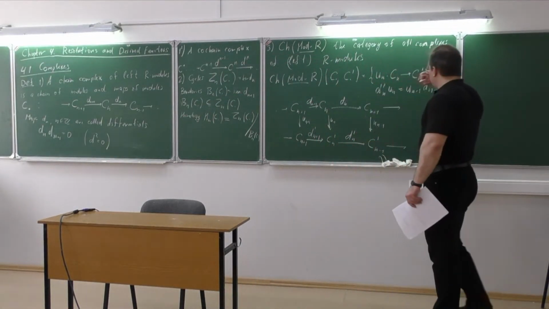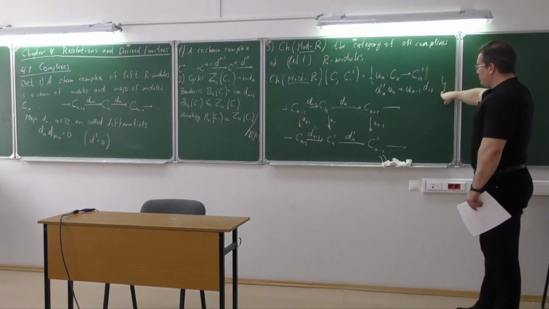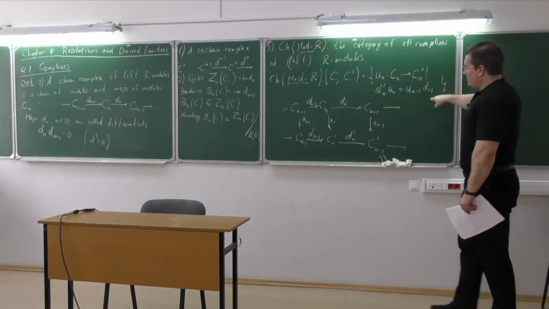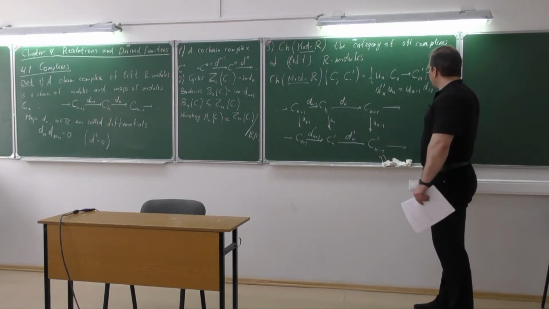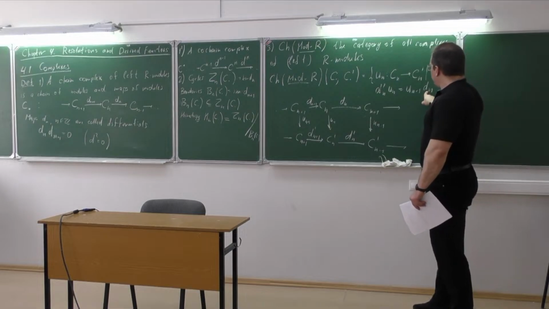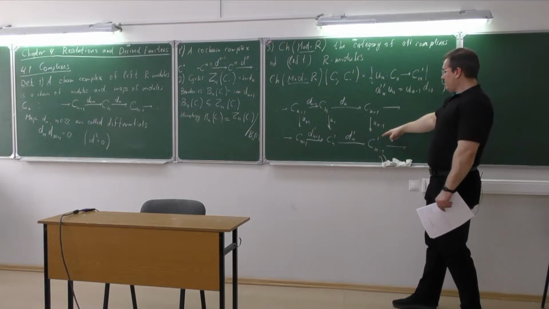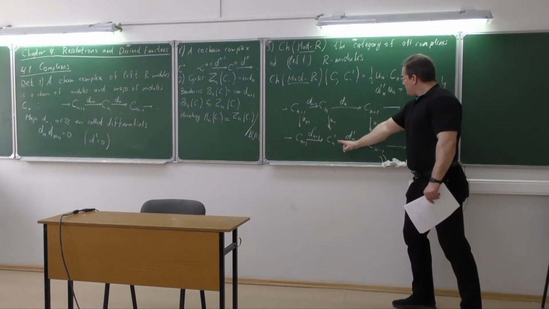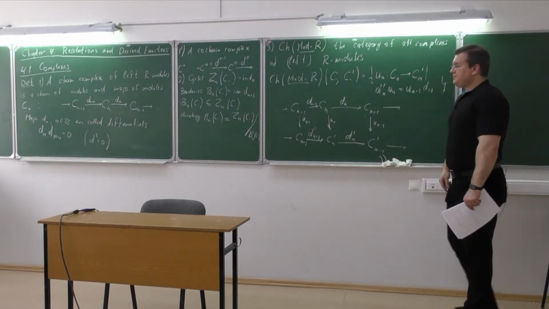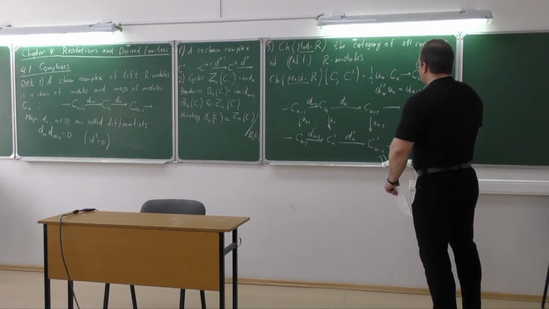And this last condition that I wrote as an equation just means that every square that you see on this diagram is commutative, right? For example, here d_n u_{n-1}, so it's going like this, and then we have u_n and d_n prime. So every square is commutative.